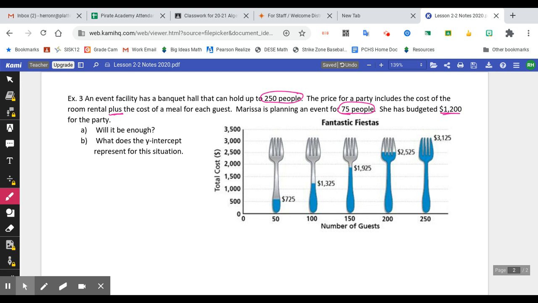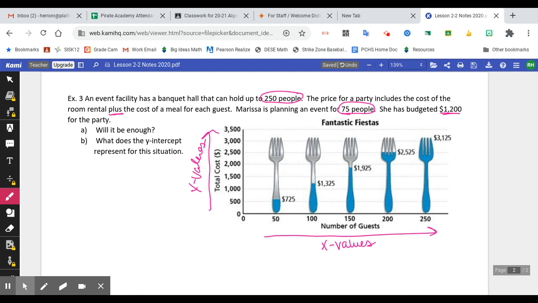Okay, so when we're on a table or a chart, you have to remember that anything across the bottom all stands for x values because you're on the x-axis, and anything that goes up on the side are the y values because those are the y-axis, right? So if I put a point together on here, it means an x and a y in an ordered pair.